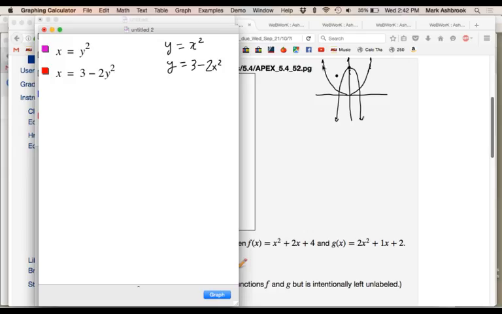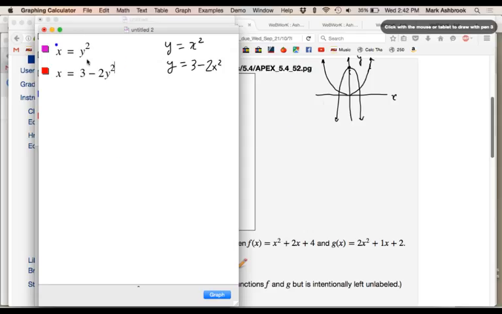Now, this isn't our region because we now need to make the adjustment. What I did is I flipped x and y to get a start. So now, if that first one is at the origin and opens on the positive y-axis, what will x equals y squared do? Open on the positive x-axis, right?